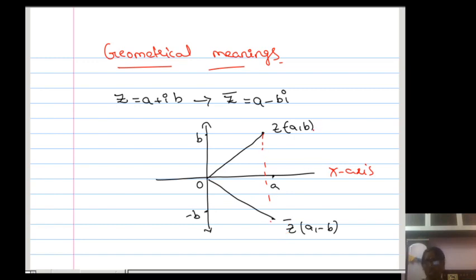Not only in the first quadrant: if I take Z in the second quadrant, Z bar lies in the third quadrant. If I take Z in the third quadrant, Z bar lies in the second quadrant. If I take Z in the fourth quadrant, Z bar lies in the first quadrant. Wherever Z lies, I can conclude the same.